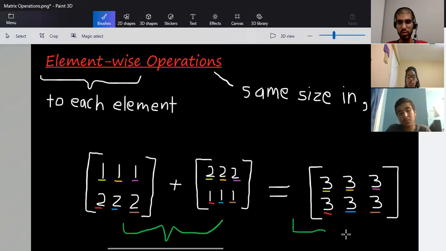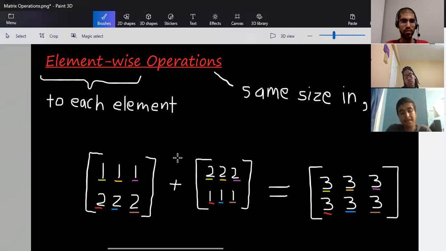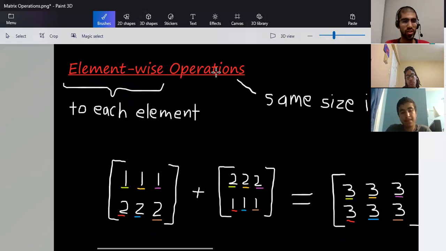Because by definition, you have to do element-wise operations to each element. If you tried adding a matrix with a vector like 1, 2, 3, it just wouldn't work because you can't do it to each element, as the others don't have any elements to go with. So again, these are just arbitrary rules that mathematicians defined, just like 1 plus 1 equals 2. It's just what mathematicians decided.